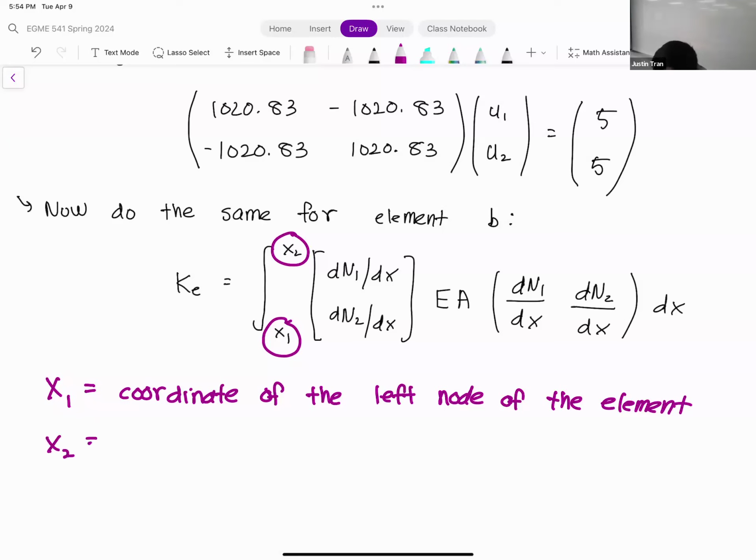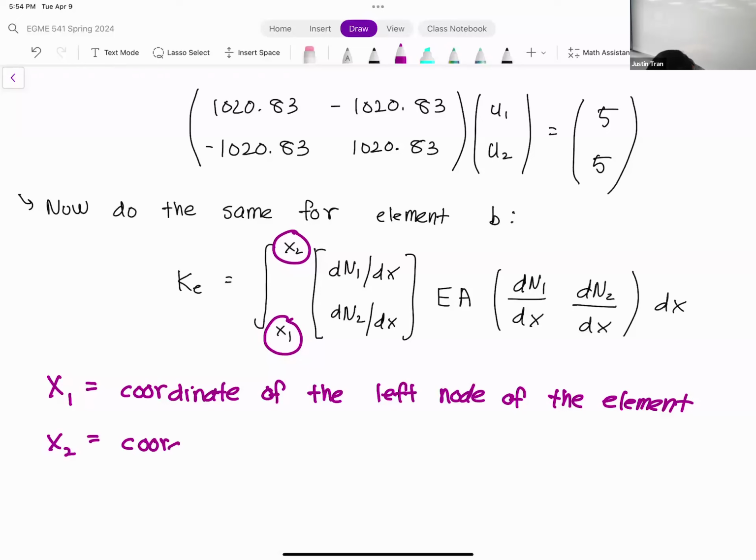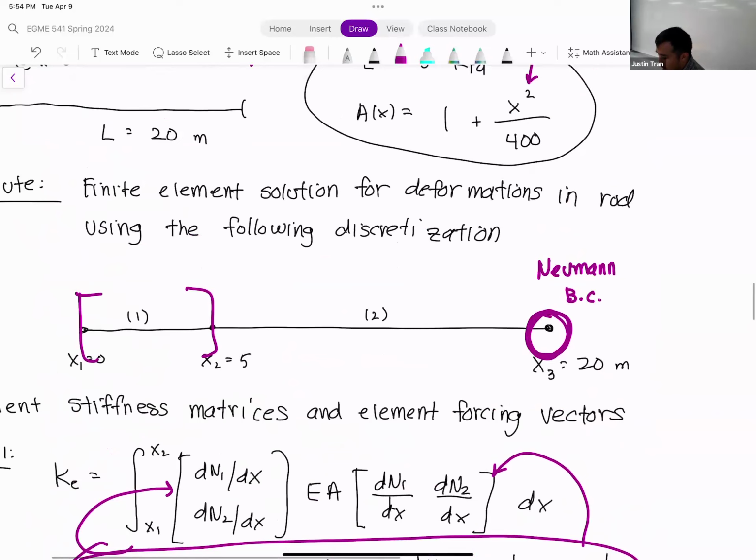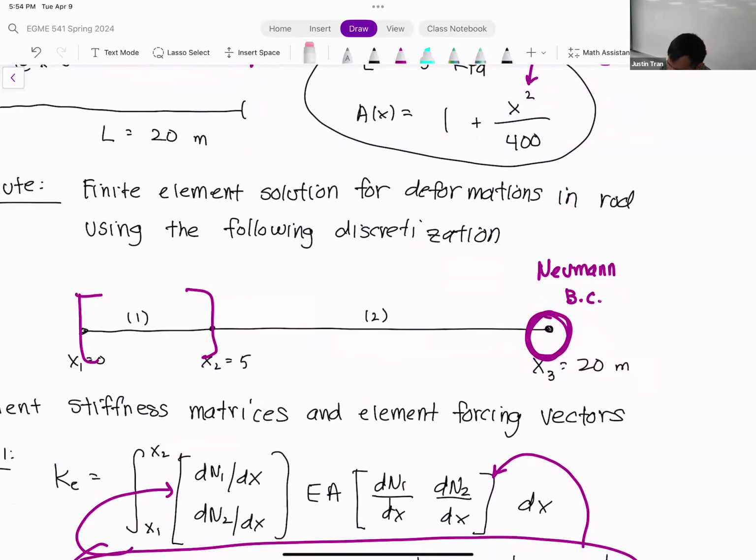And x2 here is the coordinate of the right node. So our first element was bordering the left boundary, right? And if you notice, for the first element we said x1 is equal to 0 and x2 is equal to 5. If we come back to our diagram, we can see for element 1, the left node is 0, the right node is 5.